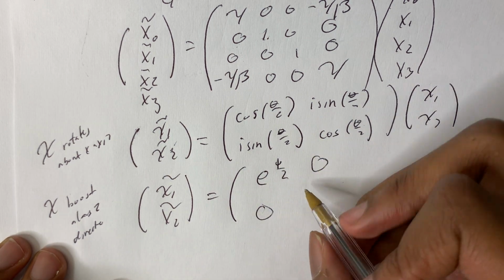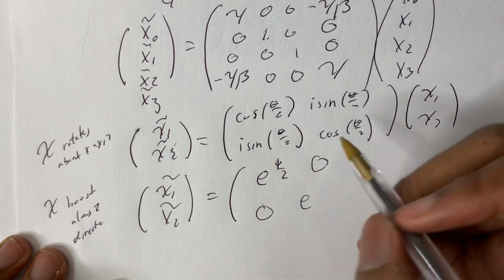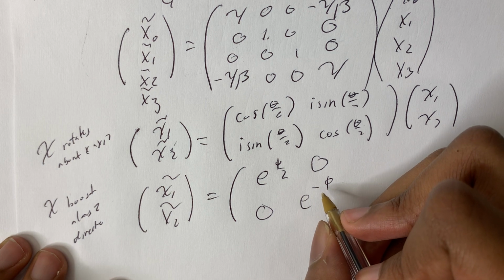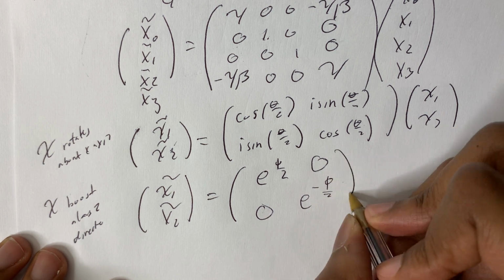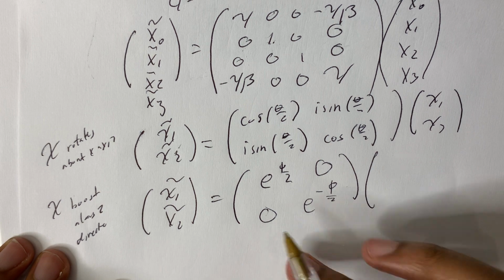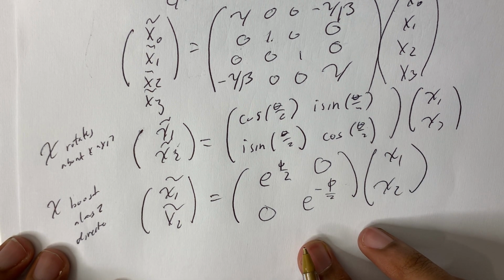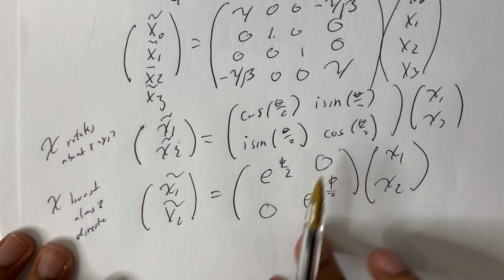Yes, I think we might be deriving these in some future video. Let me know if you guys want to see me derive this. This is going to be chi 1, chi 2. So this is how it transforms under a boost along the z-axis.